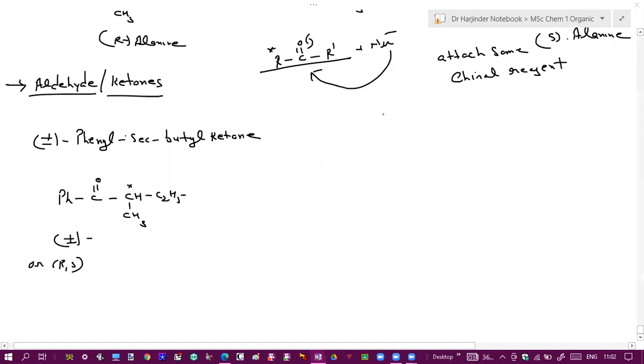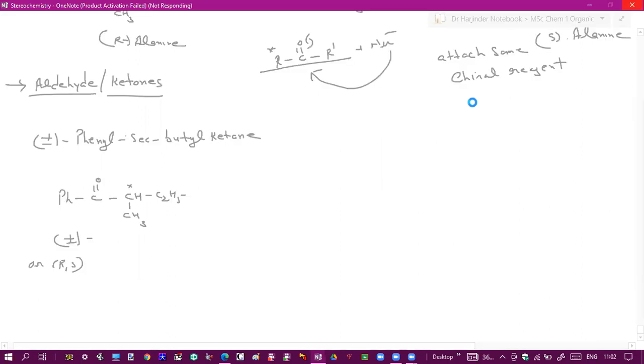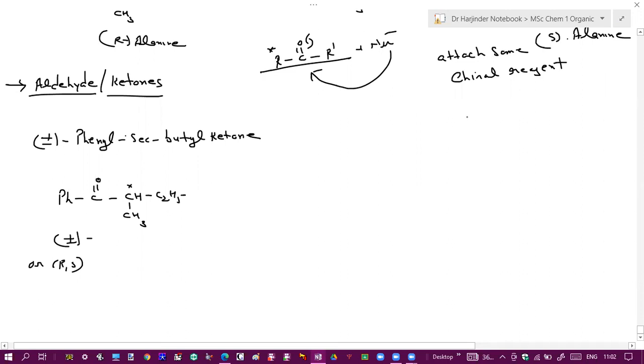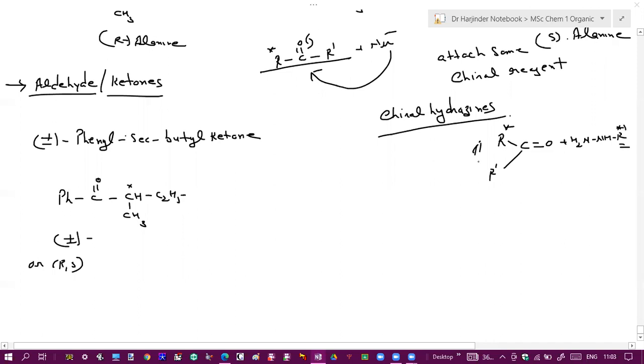So here we can use chiral hydrazines. We can use chiral hydrazines. Suppose this is also chiral over here.